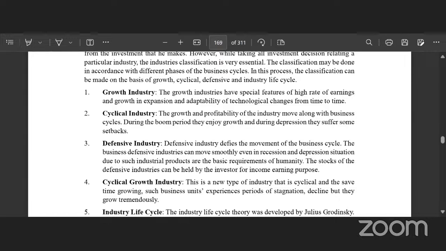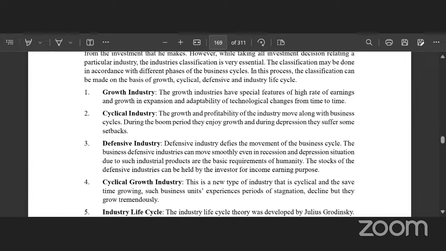You should know in which type of industry the company falls. Will it fall in a growth industry?